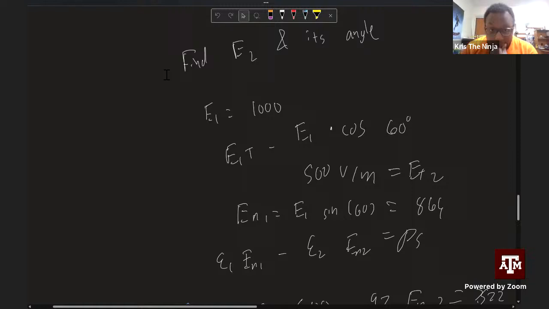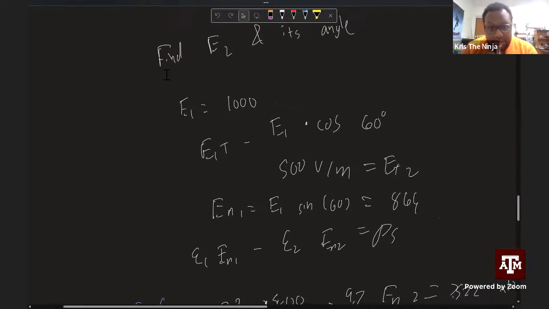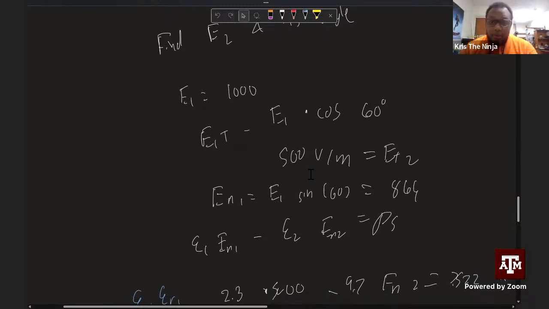So find E2 and its angle. If E1's 1,000, you could do E1 times cosine 60. A cosine of 60 is 1/2, if you remember from your pre-calculus.